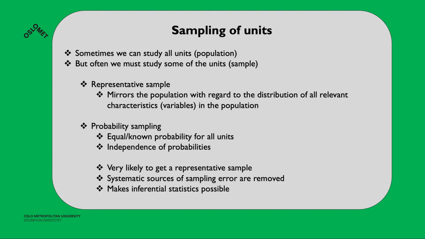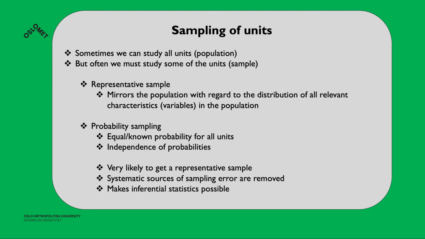We want it to mirror the population according to sex, education, where people live, what they earn, and so on, because all these characteristics may be important for the social phenomenon we want to study. So we want that sample to really mirror the population with regards to these characteristics.